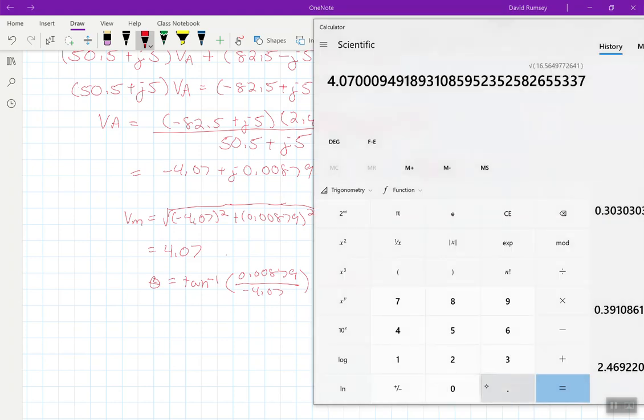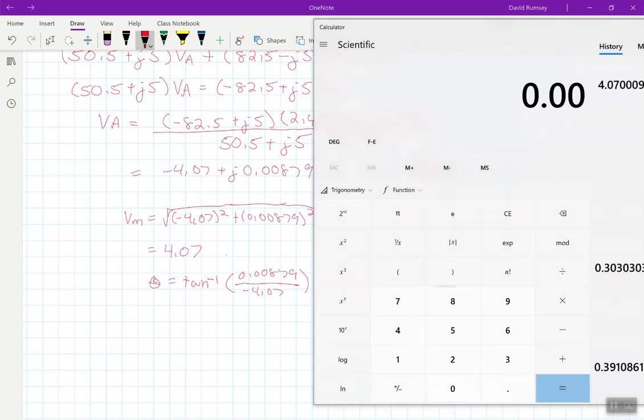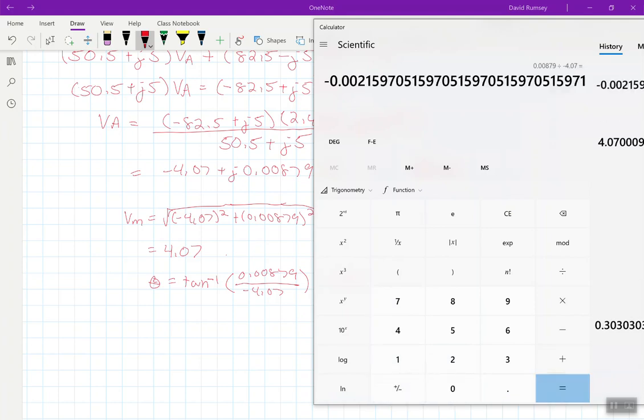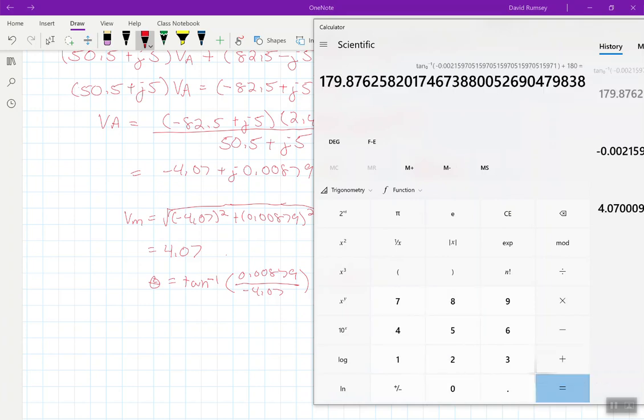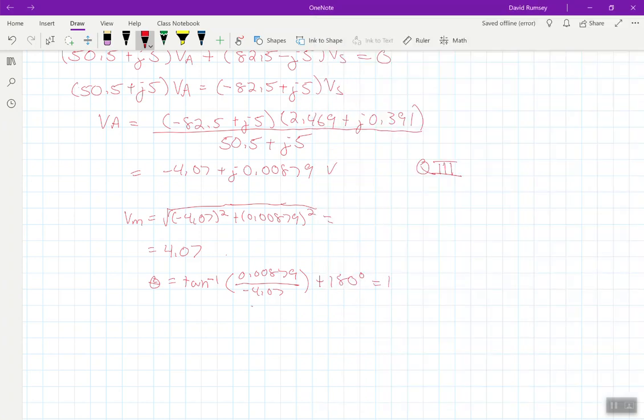And so we'd have 0.00879 divided by negative 4.07. And then we do the inverse tangent and then add 180 degrees, which is 179.9 degrees. Which I might just go ahead and round to 180 degrees.